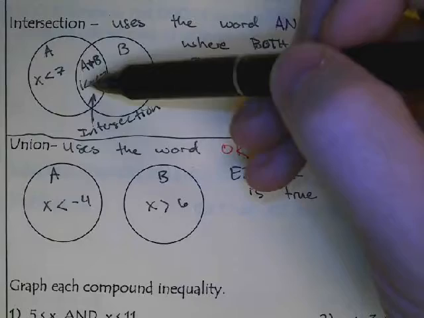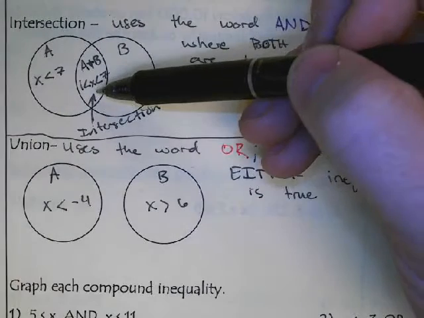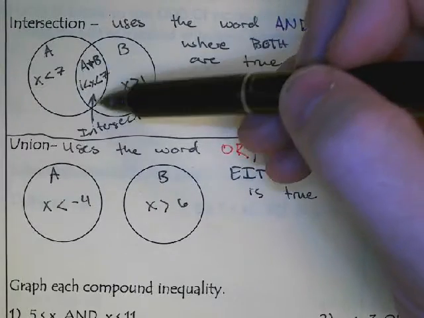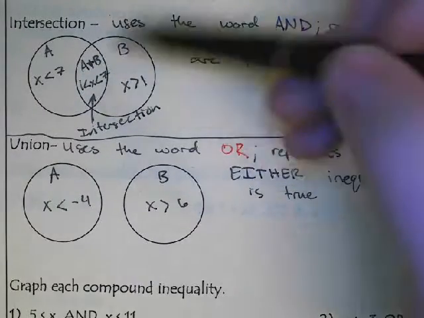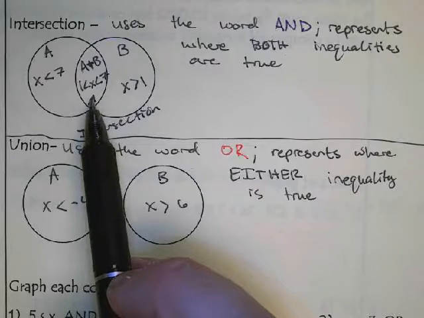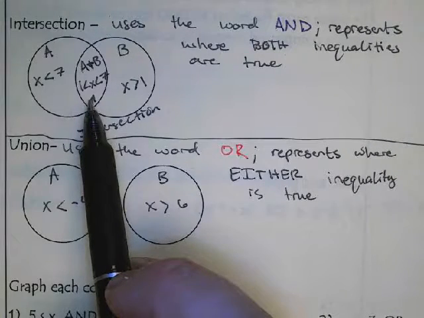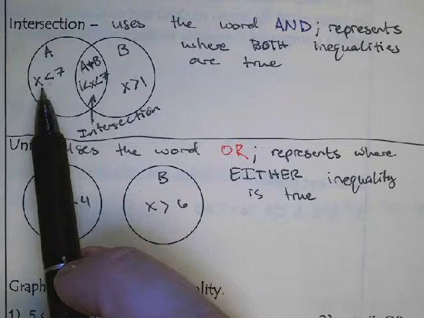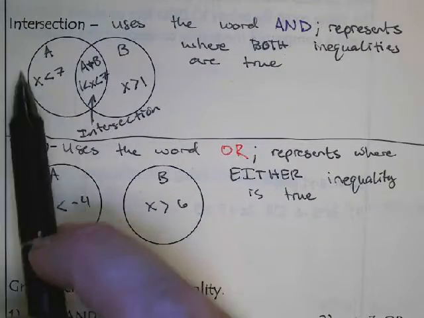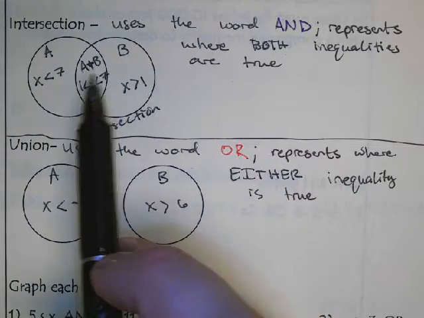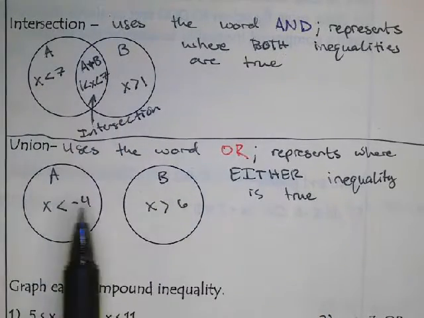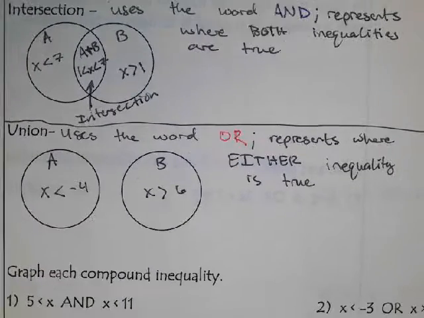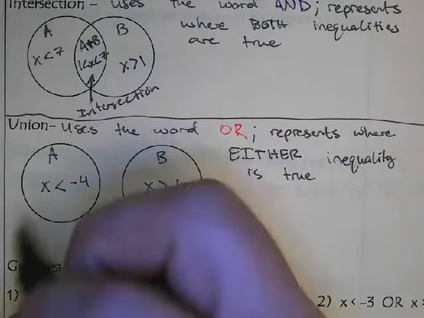In the intersection, we have to satisfy both. So for instance, 5 is between 1 and 7, so it satisfies the intersection. But if we picked a number like 0, 0 would satisfy A, but it would not satisfy B. So the intersection has to satisfy both, whereas the union has to satisfy just one.